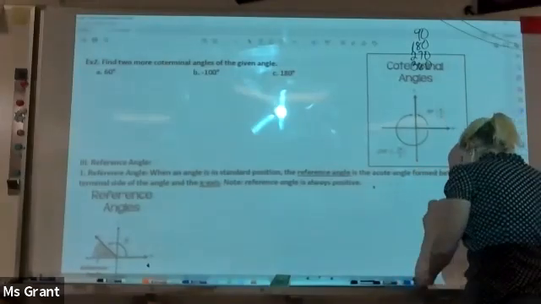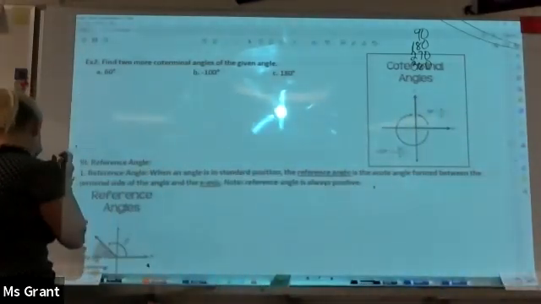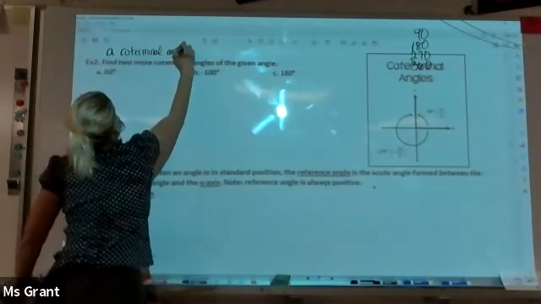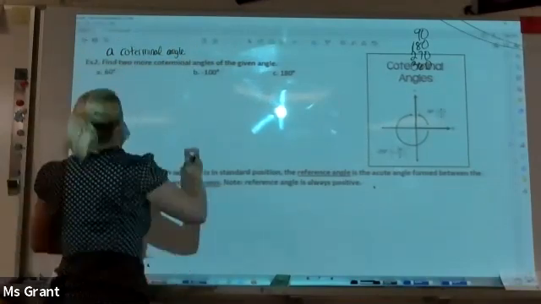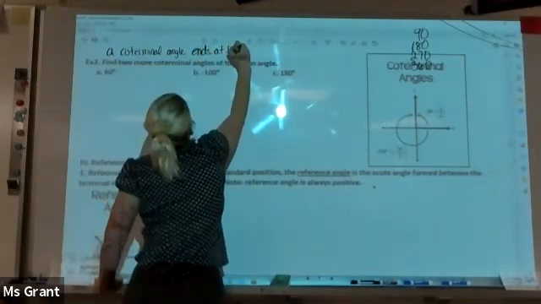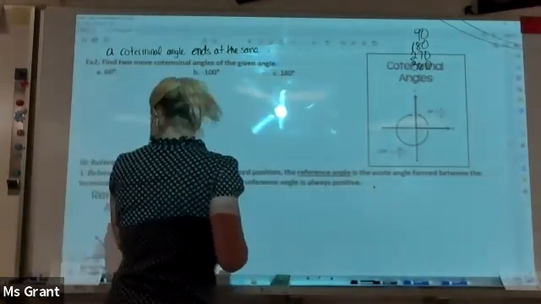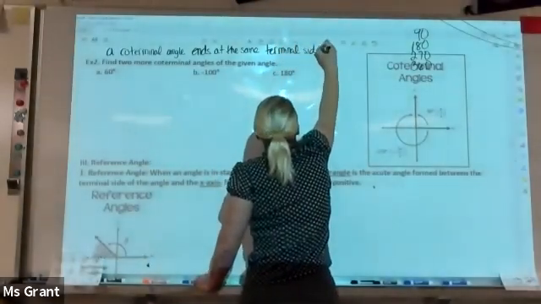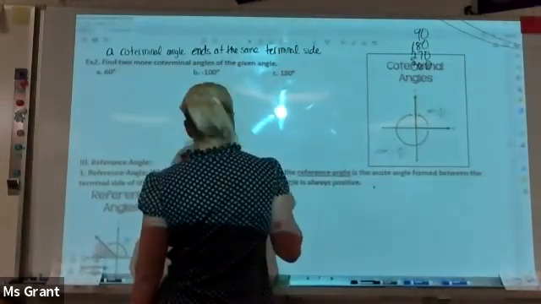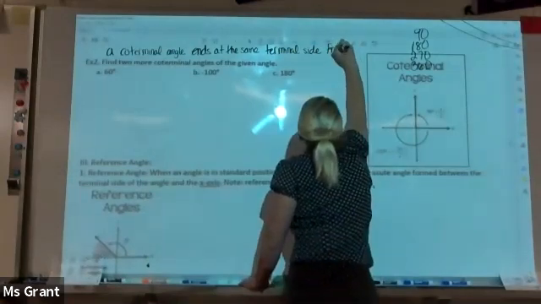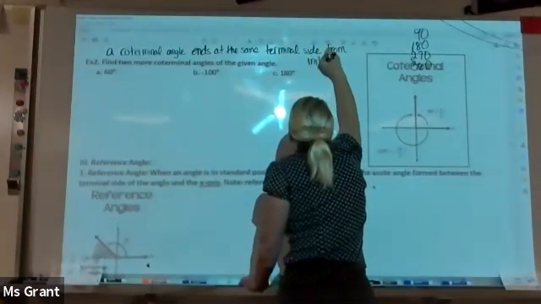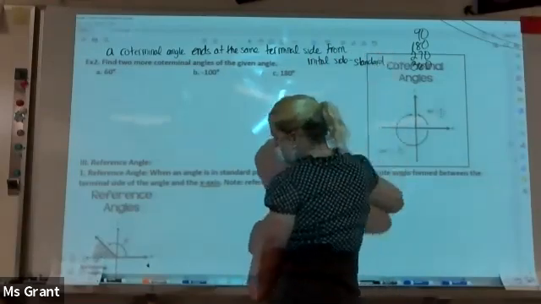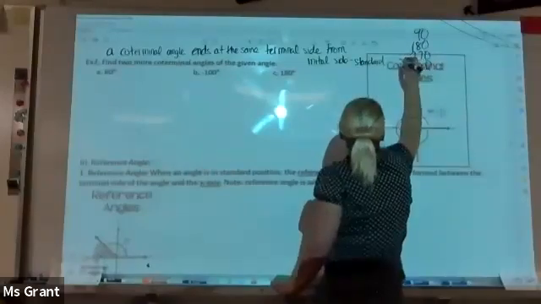Okay, so coterminal angle means a coterminal angle ends at the same terminal side from my initial side, you know, where I start, or my standard position, where I start, standard position.